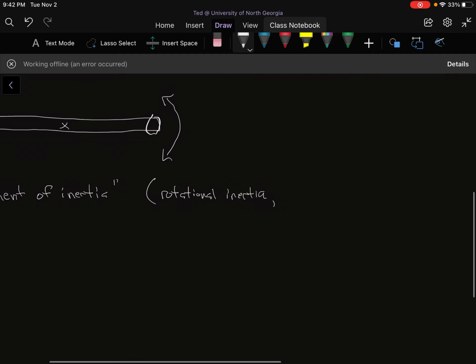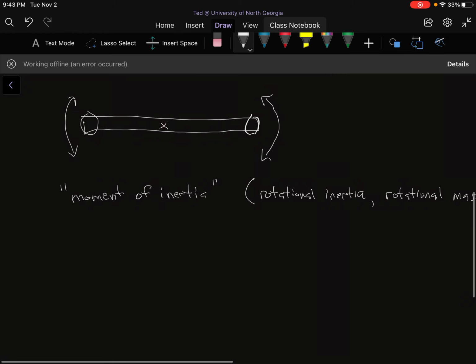Or you could think of this as like rotational mass. I don't use the phrase rotational mass because mass has a very specific meaning, but rotational inertia gives you a good idea of what we're talking about.